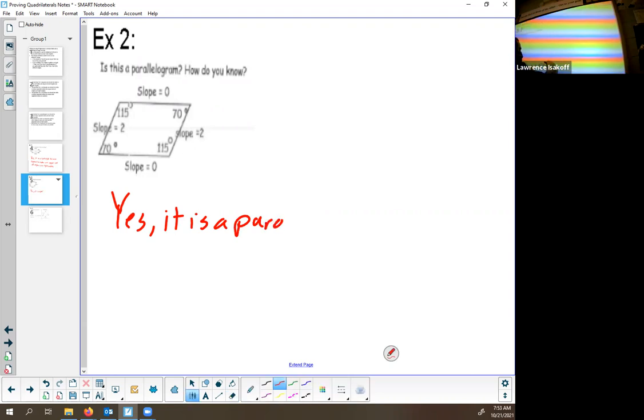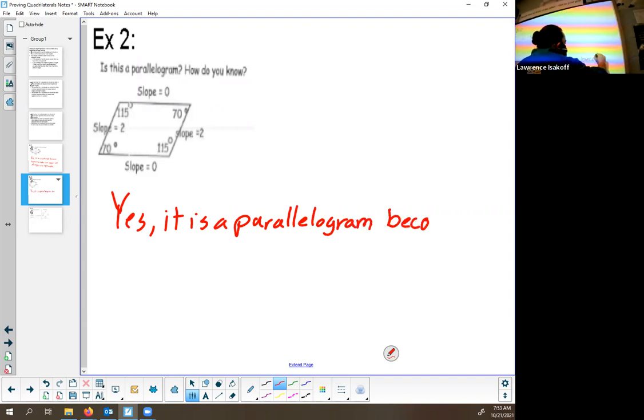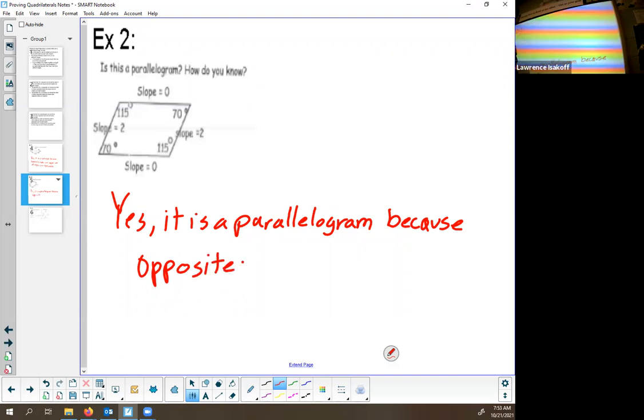R's come before the L's in parallel. Because opposite sides, there's an E in sides. Opposite sides are parallel.